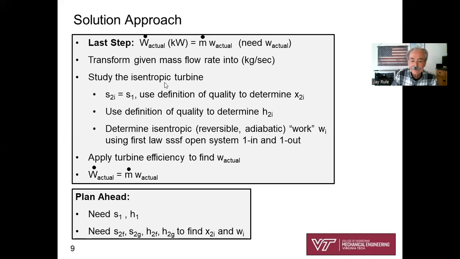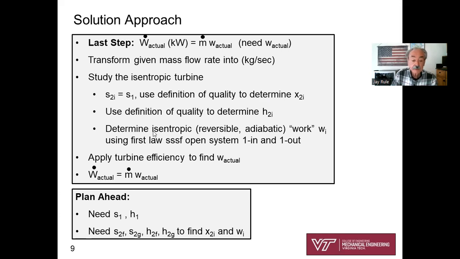Then I'm going to study the isentropic turbine, recognizing that S2I equals S1. That's the definition of an isentropic, reversible adiabatic process. We're going to use that to determine the quality under the dome. We're going to determine X2I in that manner, since we know the pressure and we know S2I. Once we know the quality, we will use that definition to determine H2I, the enthalpy of the isentropic outlet.